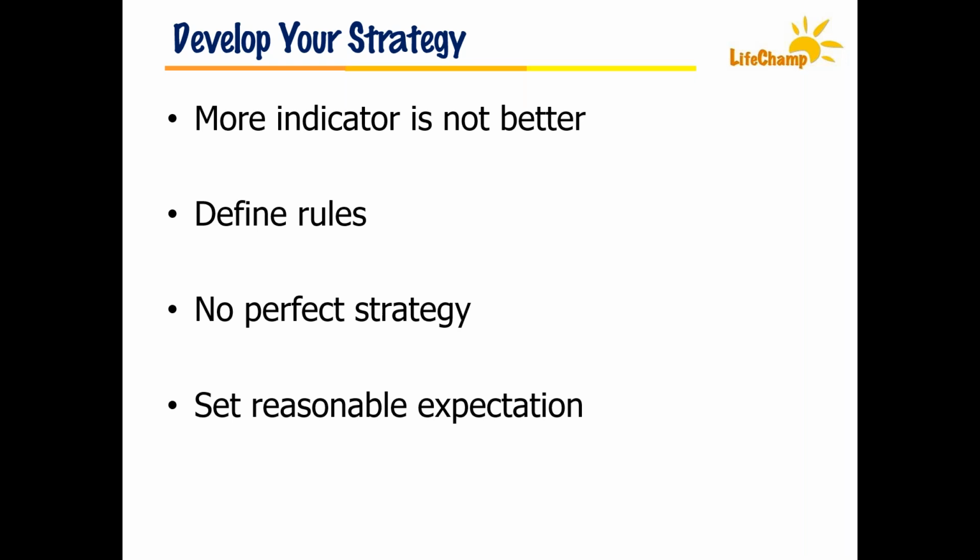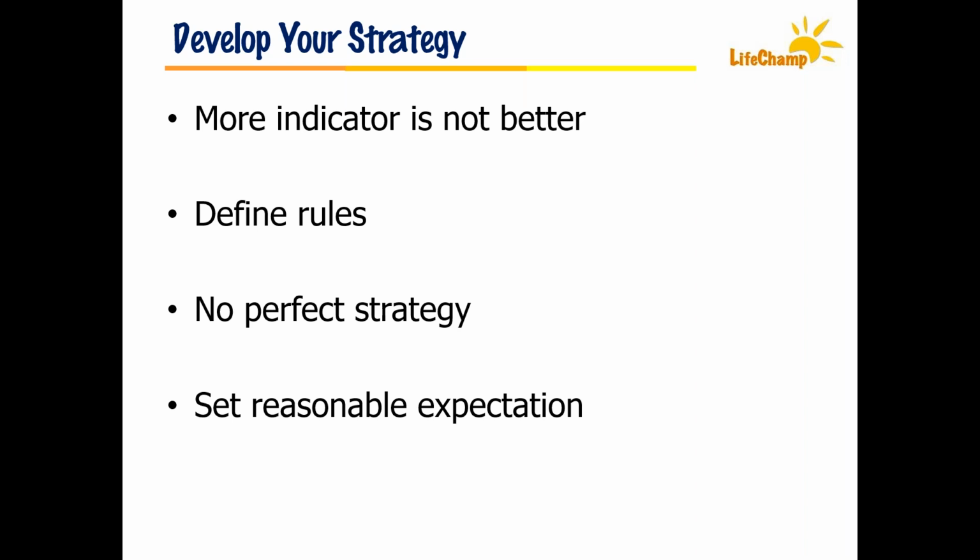And define rules like how many percent risk that you want to risk in this system, or how many contracts or lots that you want to trade, what kind of contracts, and how you want to exit, how you want to enter. You have to design or define such rules into your system. And please remember, there's no perfect strategy that exists, so you need to set reasonable expectations.